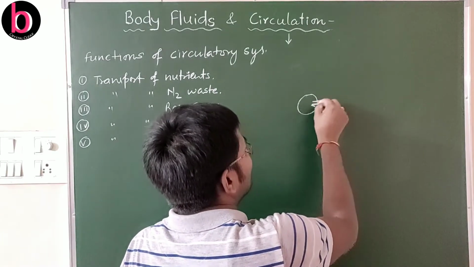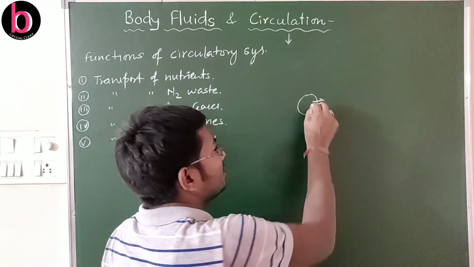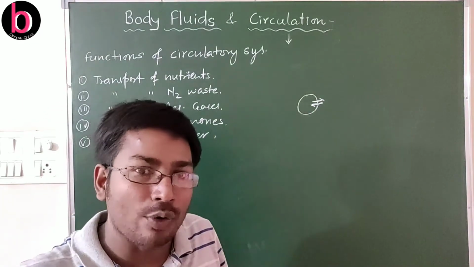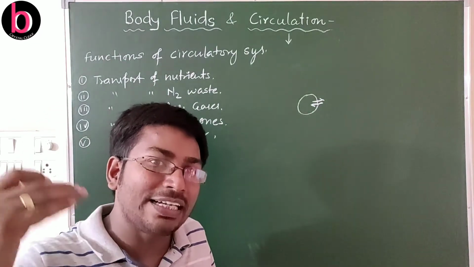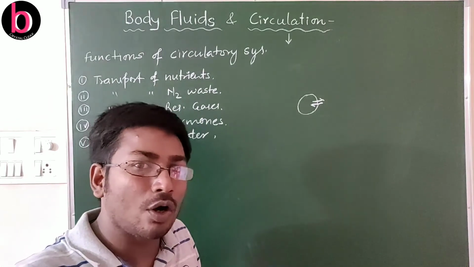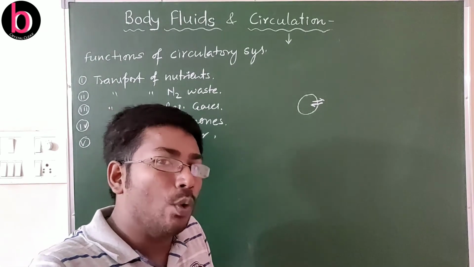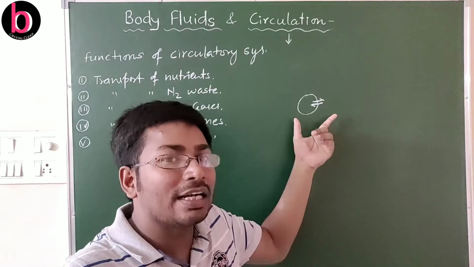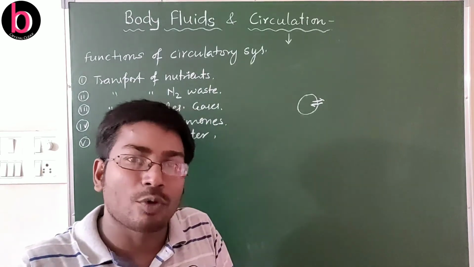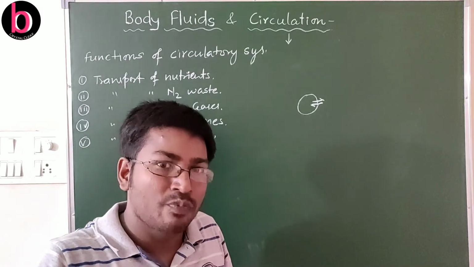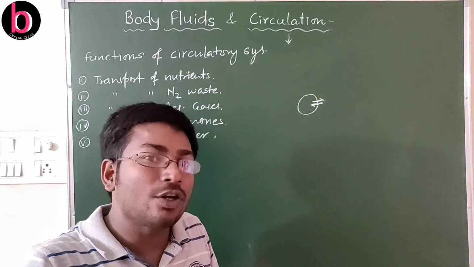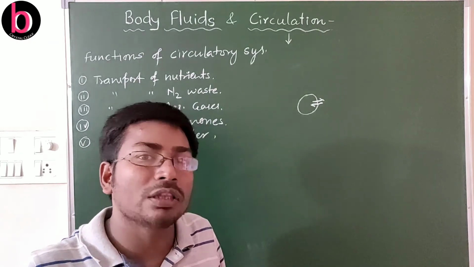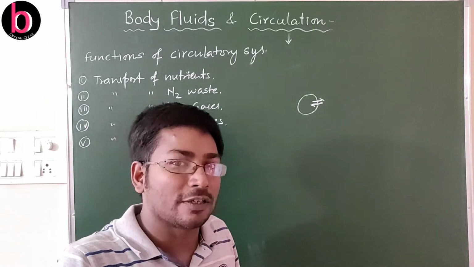So here there is direct exchange of materials that may be useful or harmful with respect to their surrounding. But when complexity develops in multicellular organisms, there will be more cells, and each cell is not in direct contact with atmosphere or water body. That's why there is need of a specific system that will help in all these kinds of transportation.